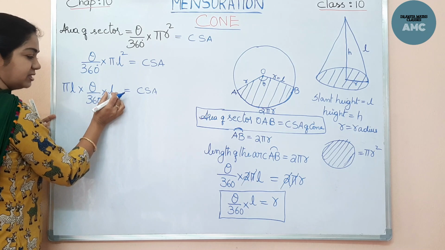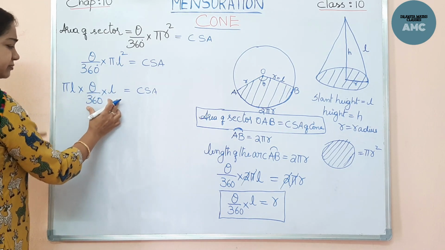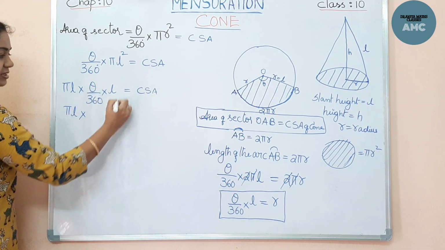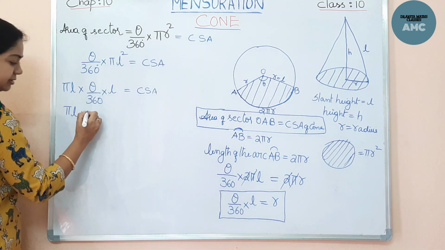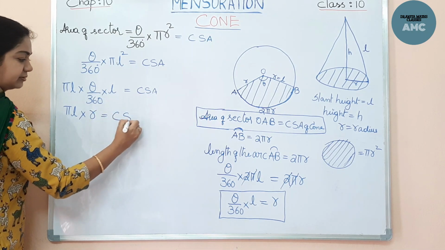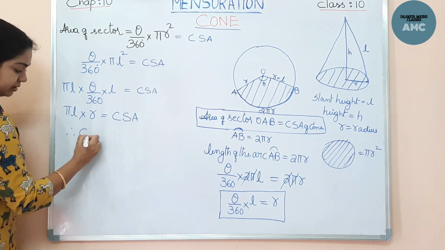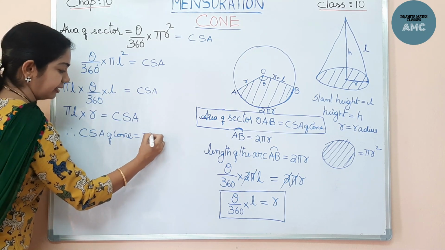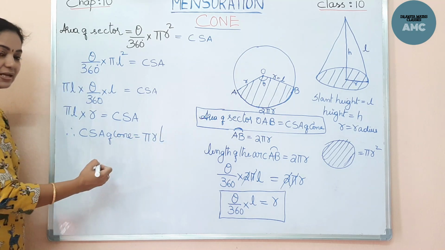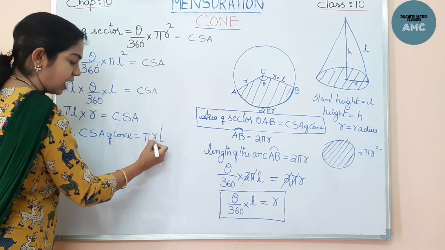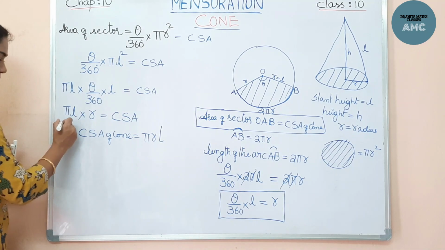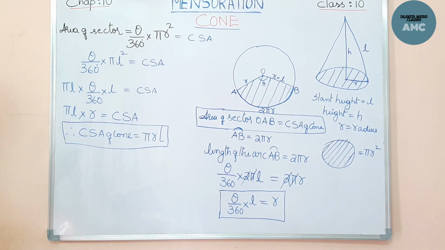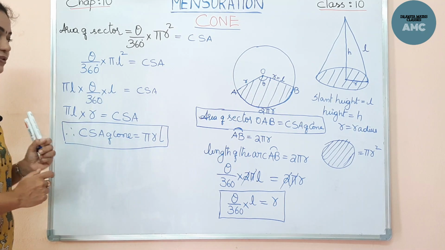Now this L value, in place of this we will substitute R. So therefore the curved surface area of a cone is simply pi r L, where L is the slant height of the cone and R is the radius. Now I'll explain again, I'll repeat it, don't get confused, very simple.